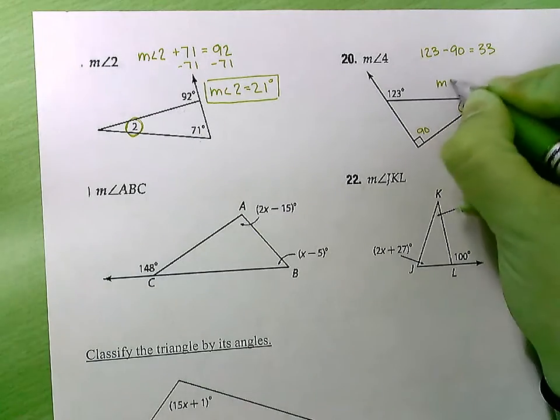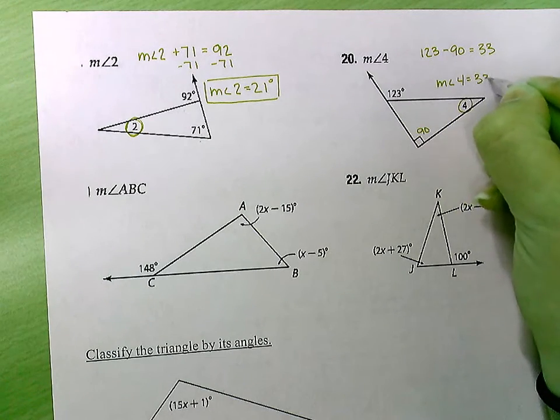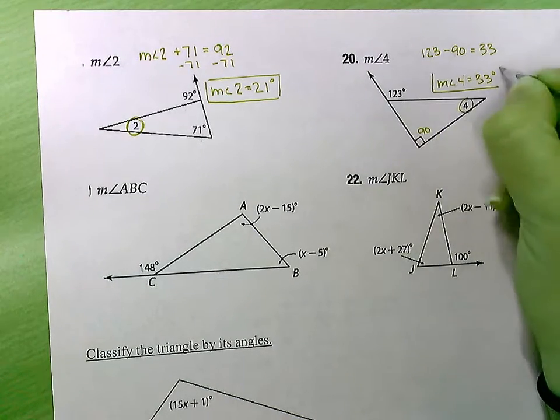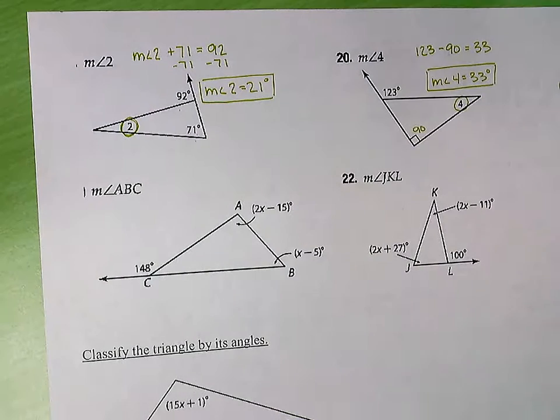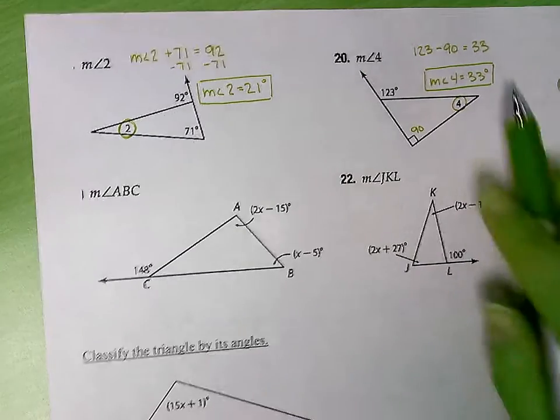So the measure of angle 4 is equal to 33 degrees. Make sure you are writing that degree symbol, because we are working with the angles, so write that degree symbol.